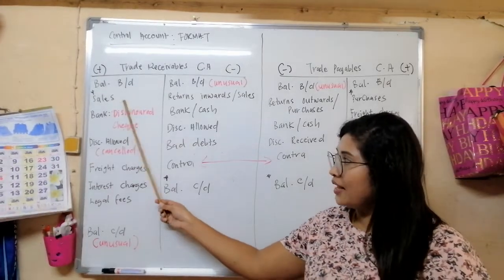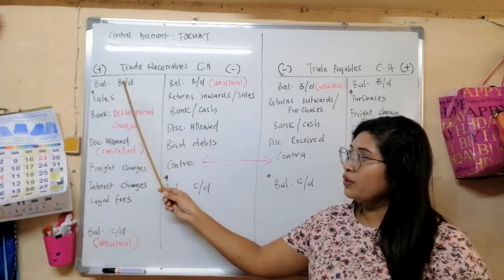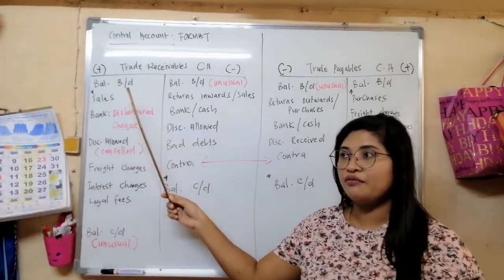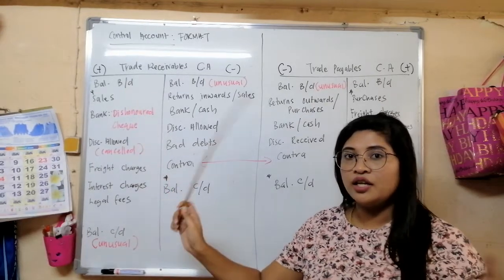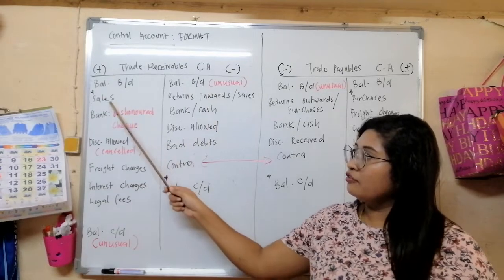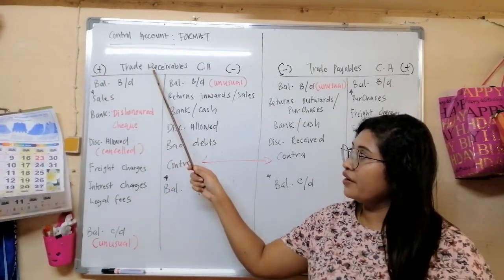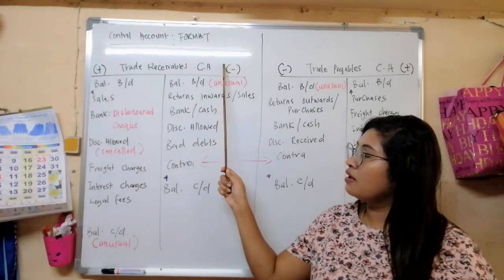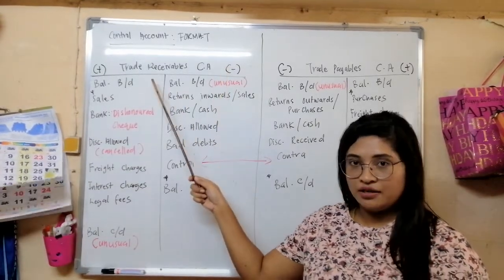When they return the goods because the goods are not in good condition, they will return them. If they make sales, it will increase our trade receivable, but when they return it, the return inwards will reduce our trade receivable.